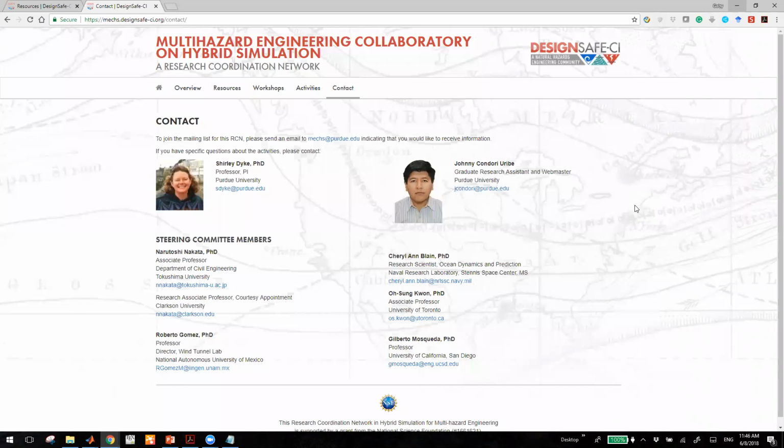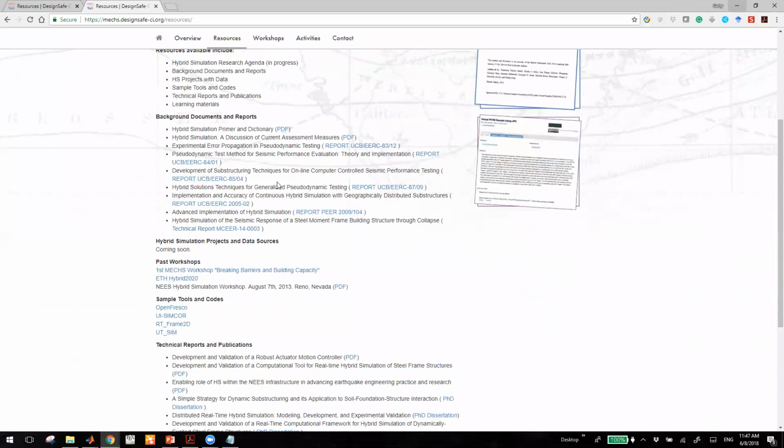But we have workshops about this in the MECHS research coordination network, and we put together a set of suggestions from participants inside and outside the RTHS or hybrid simulation research group. You can take a look at the first MECHS workshop, Breaking Barriers and Building Capacity.